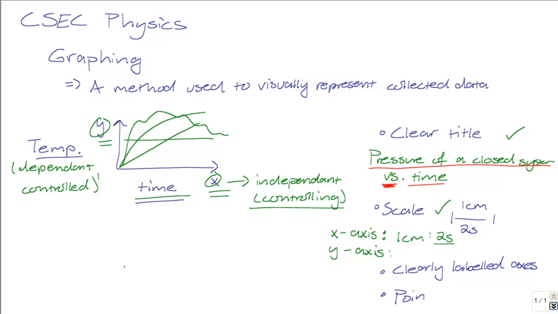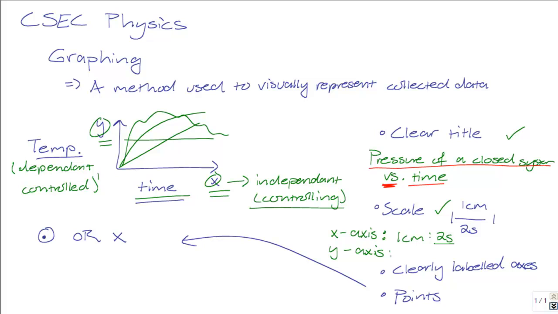Now at this level you're expected to plot the points in one of two ways. You can indicate where the exact point is located on your graph paper by a dot inside of a circle, or a small x.